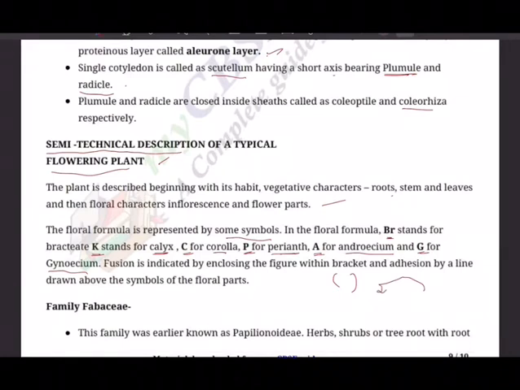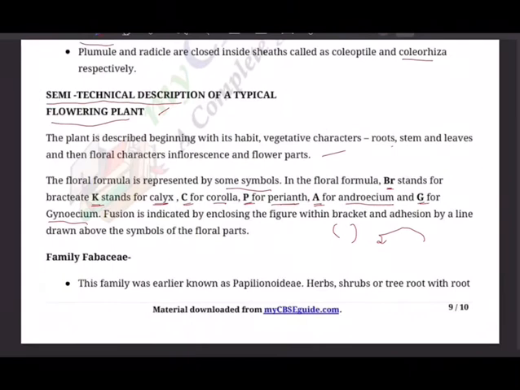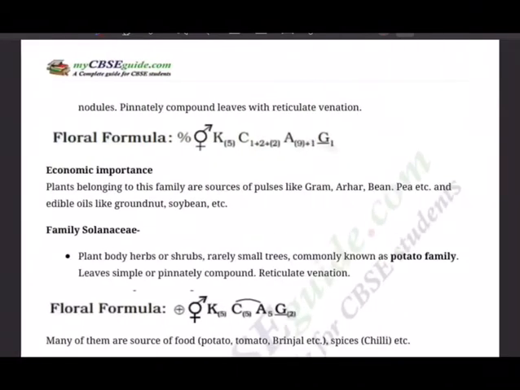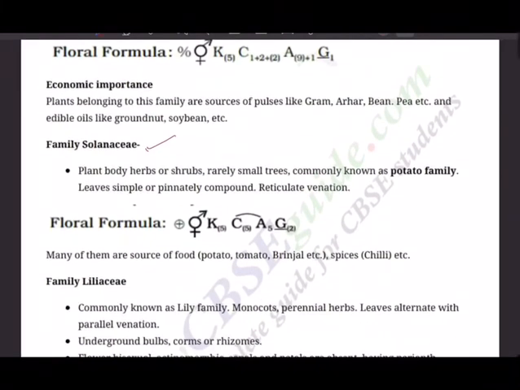And in this chapter we are going to study 3 families, but for your batch there will be only one family, that is Fabaceae is not there for you, and we go straight to either the Solanaceae, that is the brinjal family, or Liliaceae.